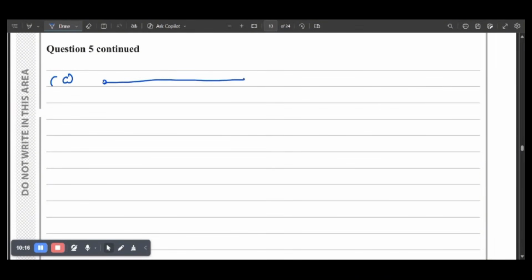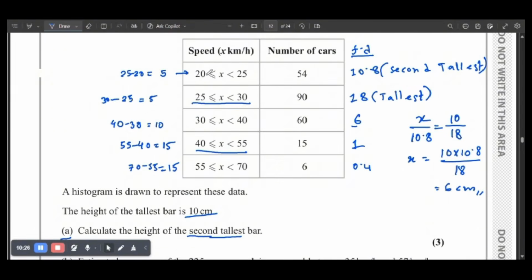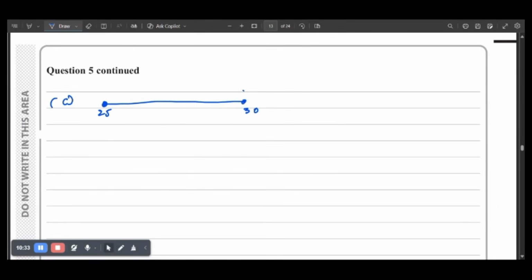We can write the upper end is 30 and the lower end is 25, and the frequencies for them are 90 and 45.